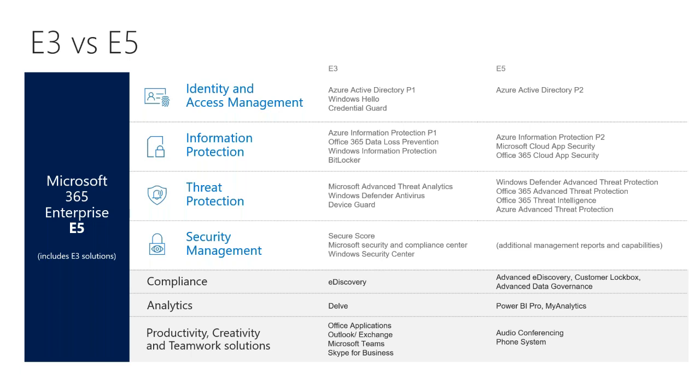So you might have started in the E3 world and you want to look at adopting some of those E5 capabilities, but you're perhaps not too interested in some of the other capabilities in the E5 stack. Your core strategy now is to make sure security is key, and you only want those pieces in the E5.